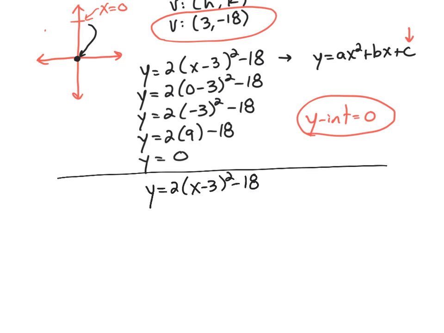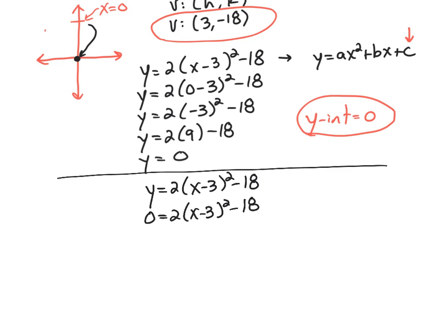You can take this equation and FOIL it out, put it in the form y equals ax squared plus bx plus c. You can use factoring with the zero product property. You could use completing the square. The easiest way, though, if I'm on the x-axis, because I'm finding the x-intercepts, I know y has to be equal to 0. So I have 0 equals 2 times (x minus 3) squared minus 18.